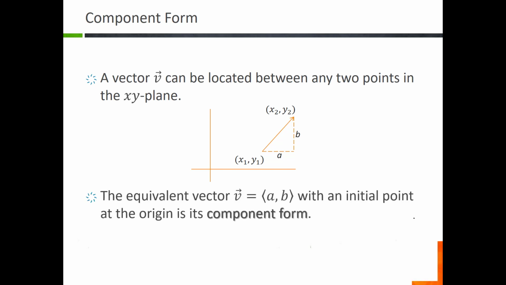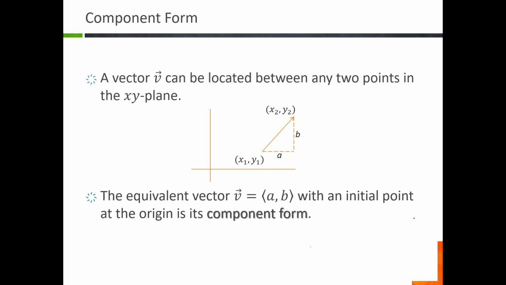And so we can take a vector going from x1, y1 to x2, y2, and we can express it in an equivalent format where we use a notation. So v with a little arrow over it is equal to, and we have these angled brackets. They almost look like a less than and a greater than, but they're not. They're not parentheses, they are actually angled.